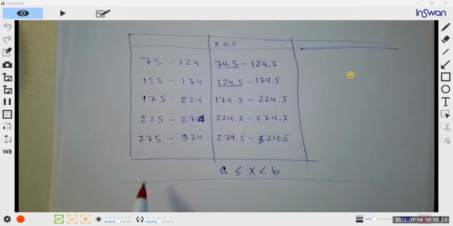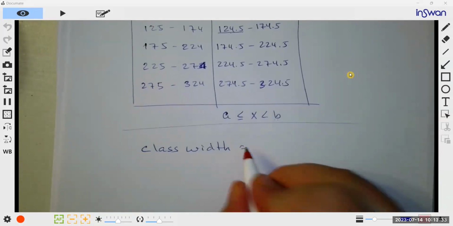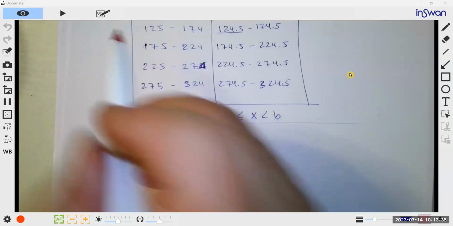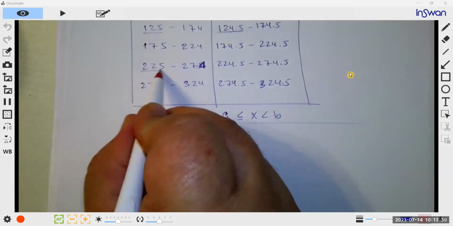Right? And remember, the class width was from our original, take the second minus the first, or the fourth minus the third.